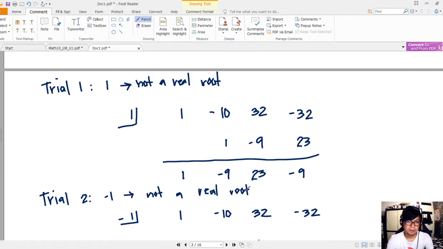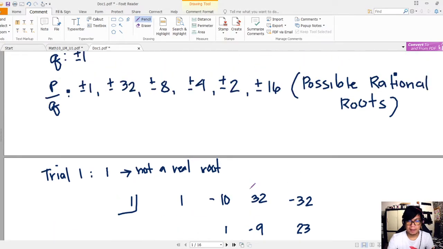So, in this case, medyo marami kasi yung possible rational roots natin, no? So, ganun yung process. So, we will have trials, hanggang sa makita nyo na yung remainder natin is equal to 0. So, we can say that that is a real root.